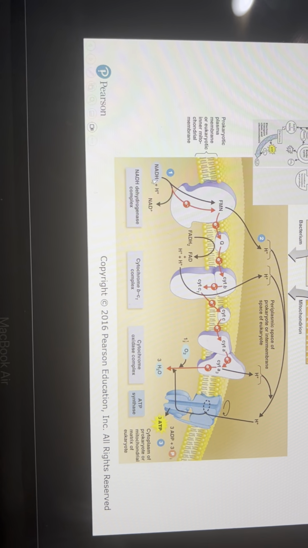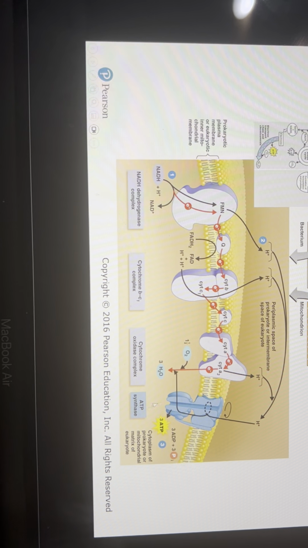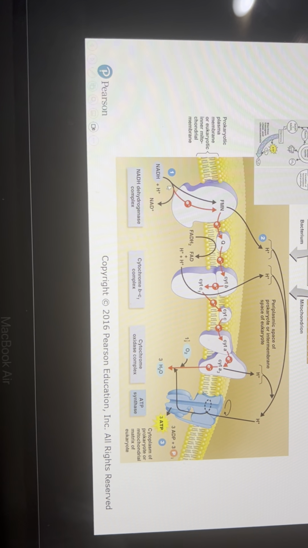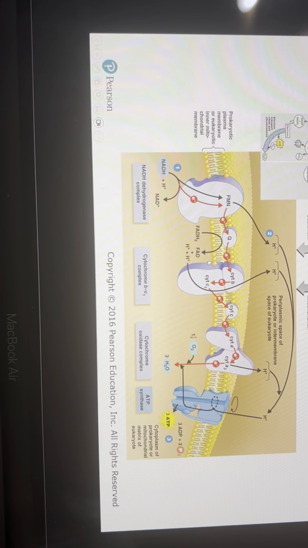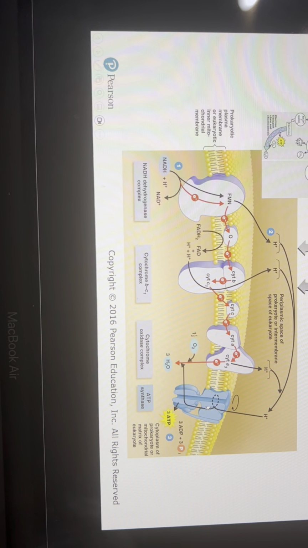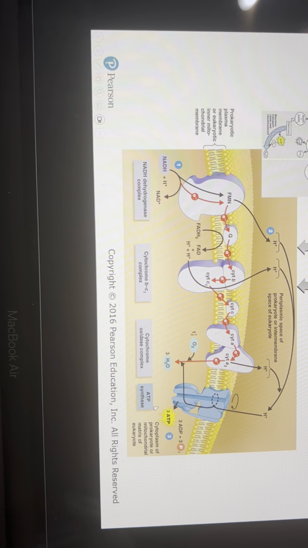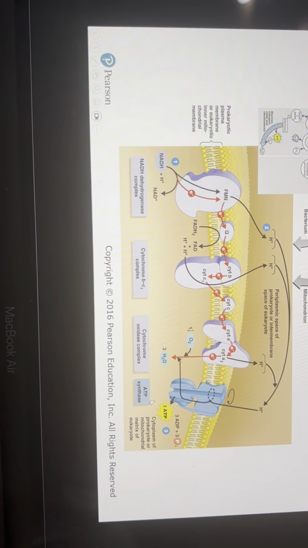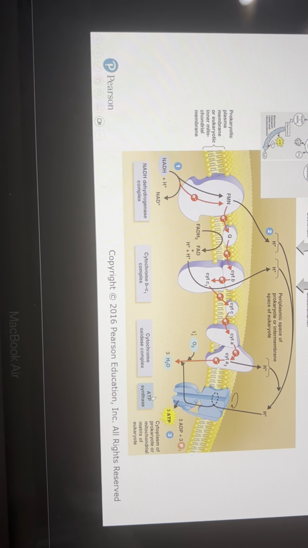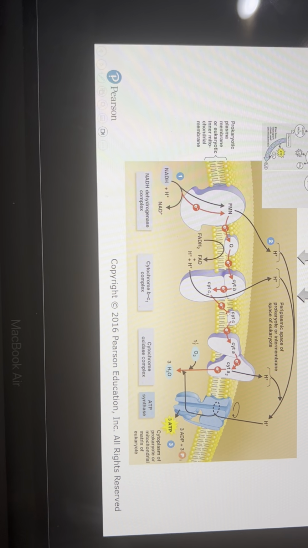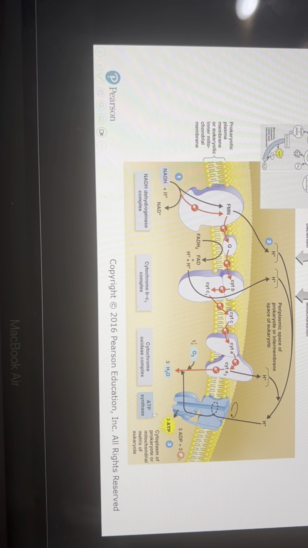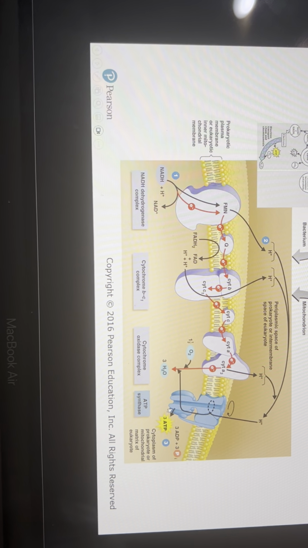The other detrimental result of this is she's not making ATP. You need this and this to drive the electron transport chain to make 32 to 34 ATP per glucose. The problem is it stopped here, so none of this happened. So she is not making ATP.